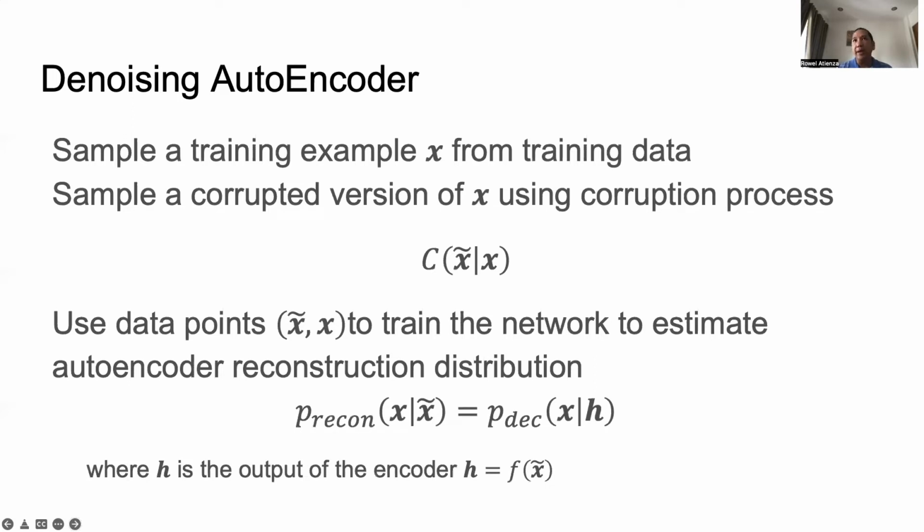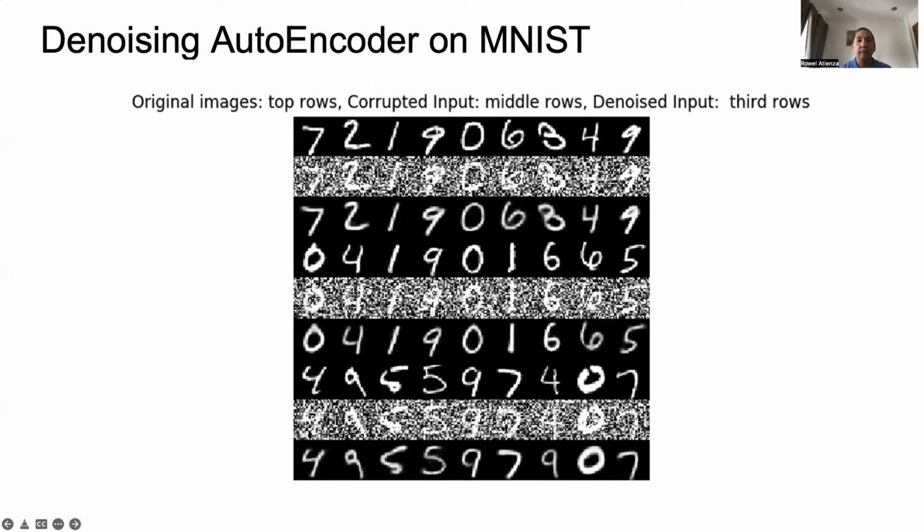In this case, h is the latent code. There is a denoising autoencoder in the code example for this discussion. These are additional results showing MNIST with noisy data and the denoised version.